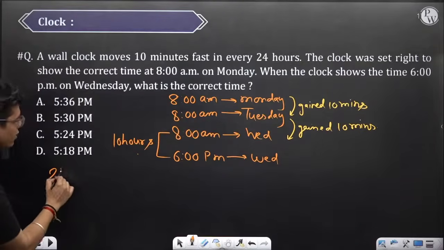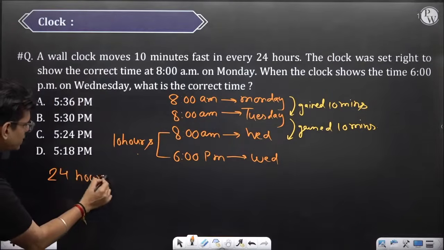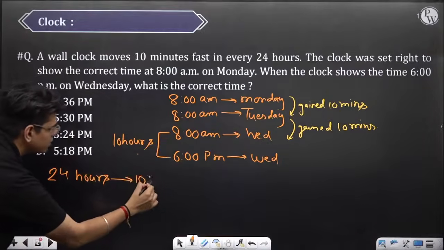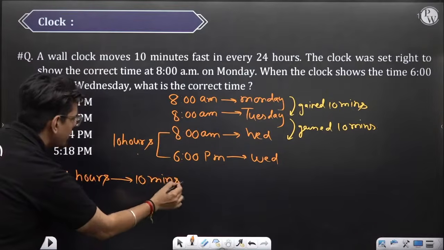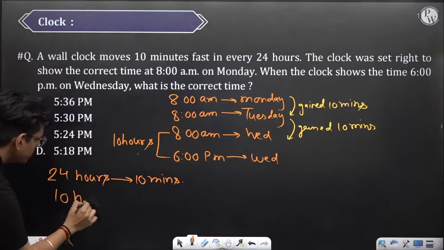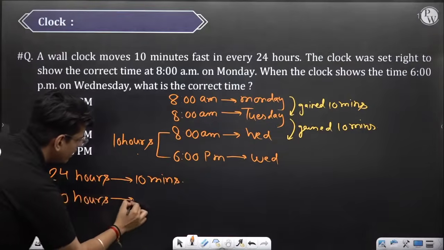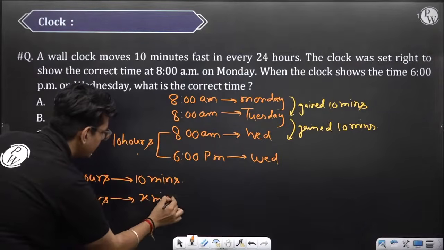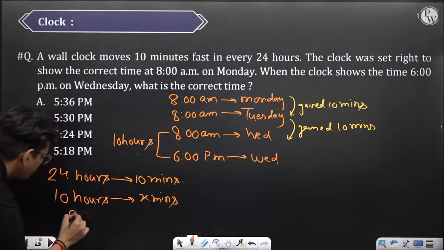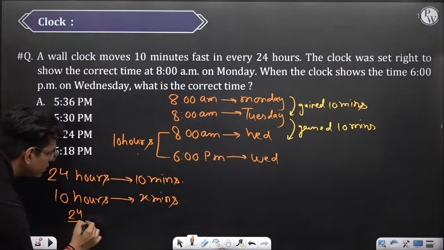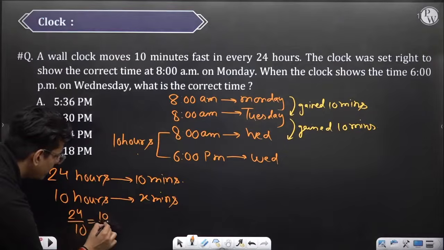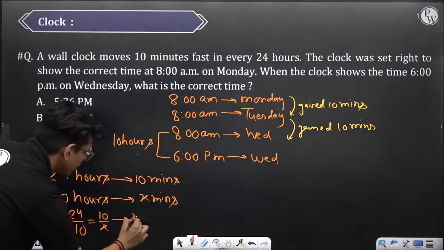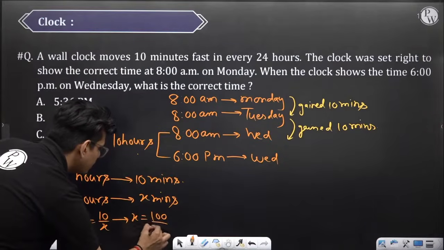In 24 hours, it was gaining 10 minutes. So by unitary method, in 10 hours, it will gain x minutes. Let it be x. So 24 by 10 is equal to 10 by x. So x equals 100 by 24.